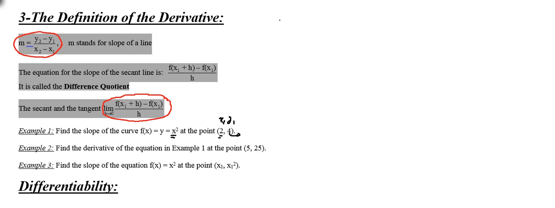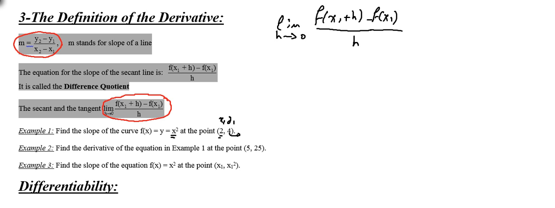So let's do the limit directly: the limit as h tends to 0 of f of x1 plus h minus f of x1 over h. Here x1 is 5, so f of x1 plus h is (5 plus h) all squared, minus f of x1, which is 5 squared, over h.